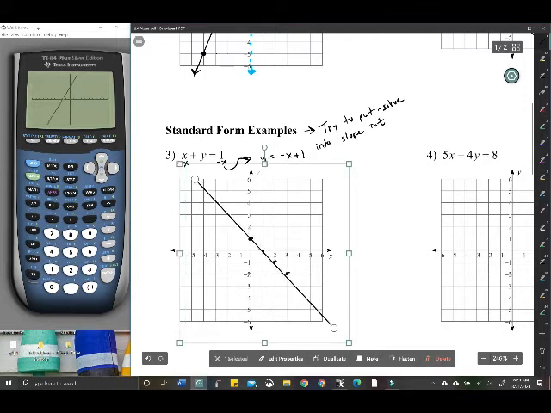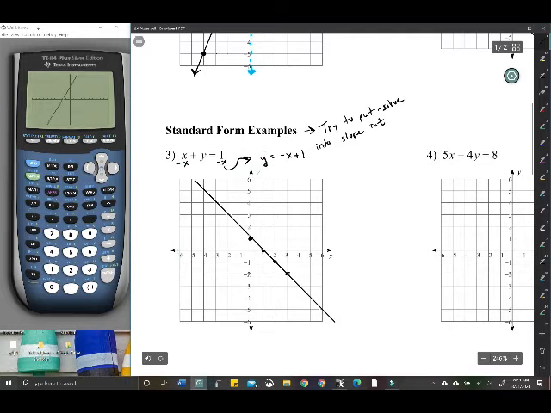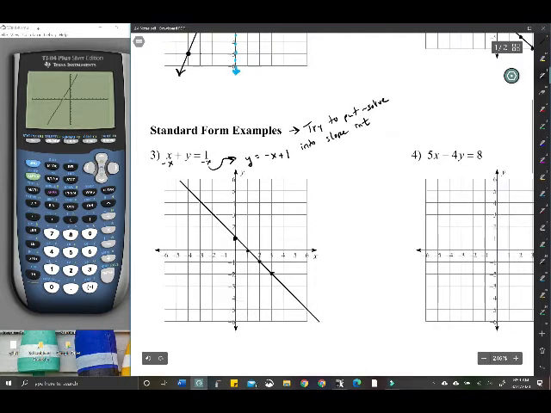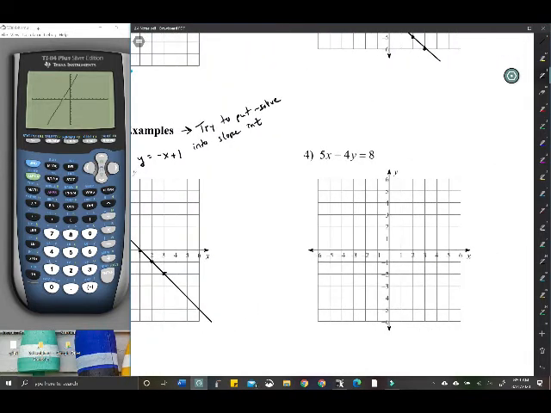Also, another great way to graph is to check out the table of values. We'll use that for number 4 here. Okay, number 4. So we're going to solve it for y. Try to solve for y.